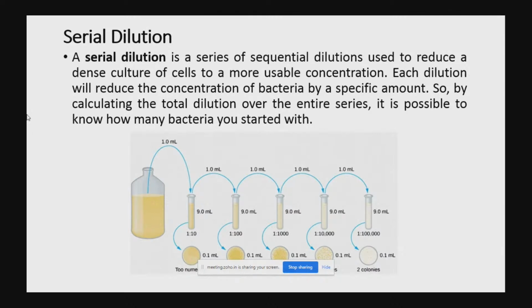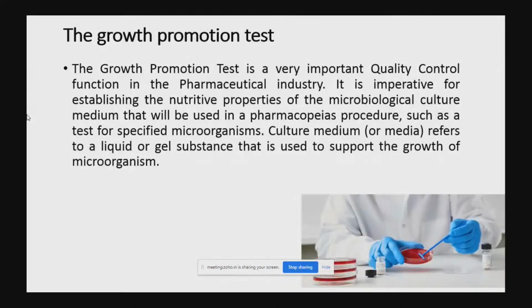From that, we need to dilute and achieve a solution having only 10 to 100 CFU. That's why the serial dilution technique is most important in the pharmaceutical industries. So these are the techniques we are following.